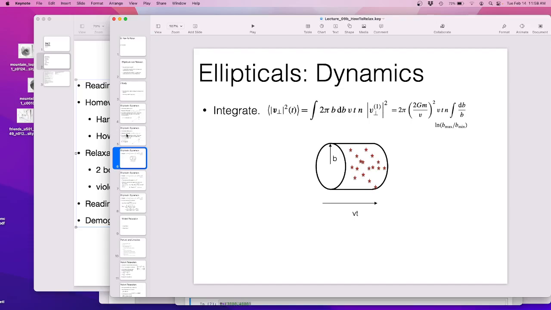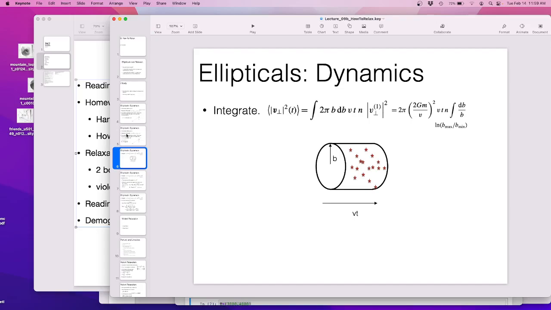So I'm just left with one over b, and all the rest of the things are just numbers that go outside. The only thing that I actually have to integrate is this. So what is this integral? The integral from 0 to b of 1 over b. That's actually a problematic integral. It's the log of 0.